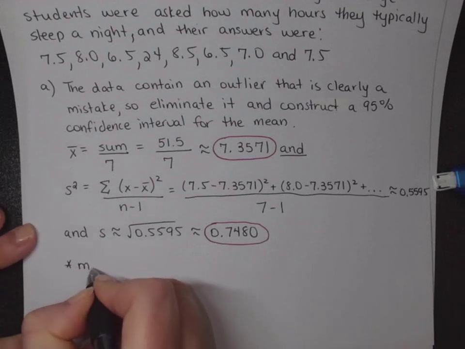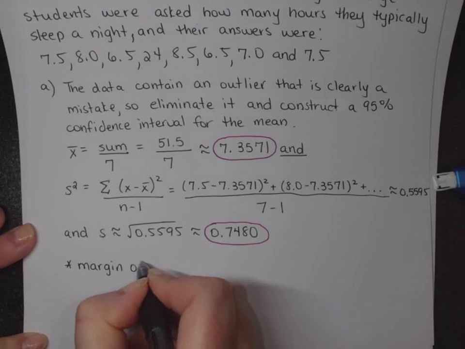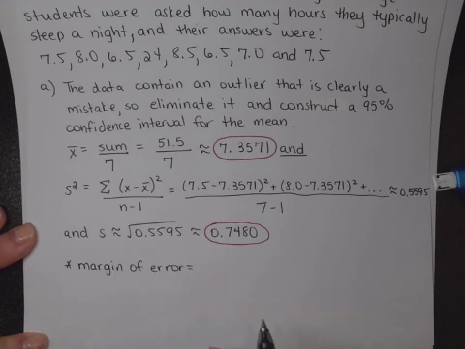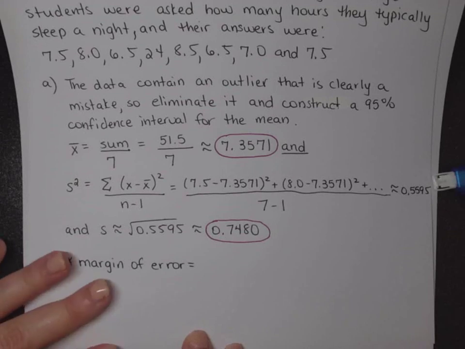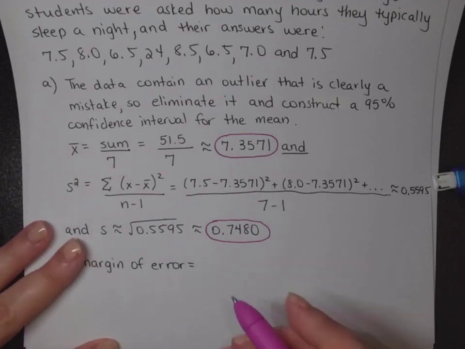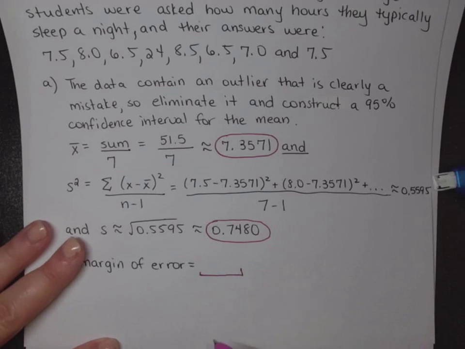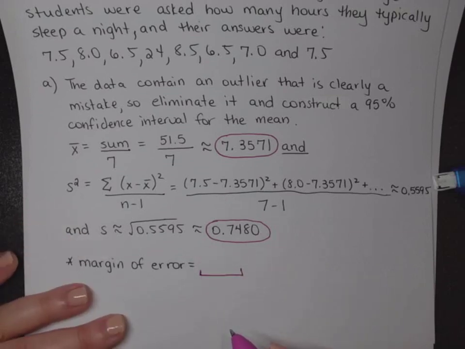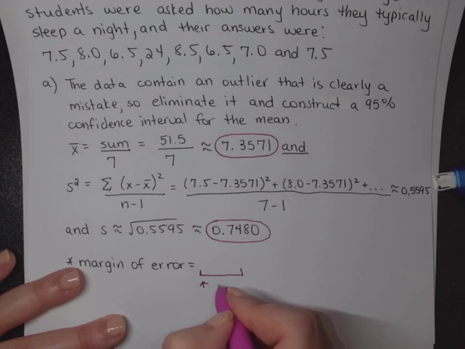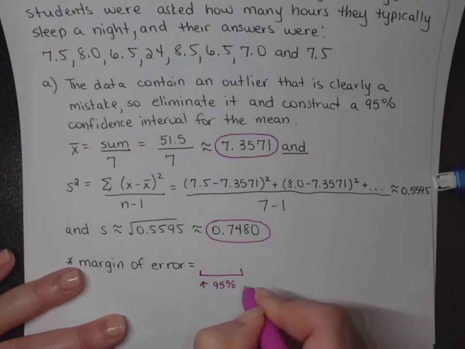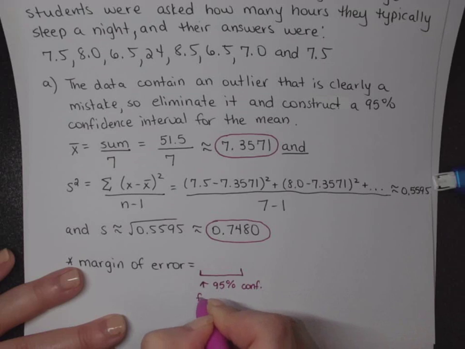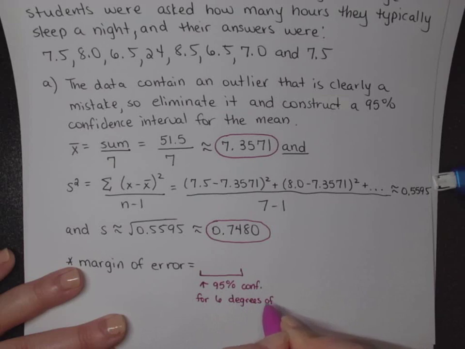Okay, so let's find the margin of error. You need to look at the chart again. So the margin of error is going to be, you'll need to figure out what goes here. And what goes here would be, remember, 95% confidence for 6 degrees of freedom, right, because our n is 7.